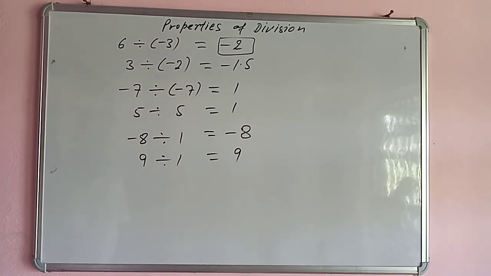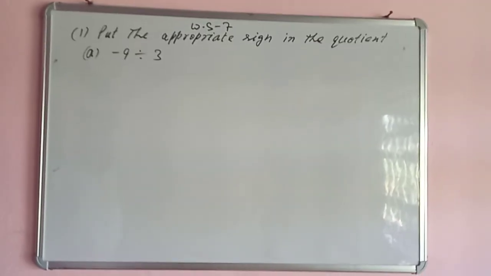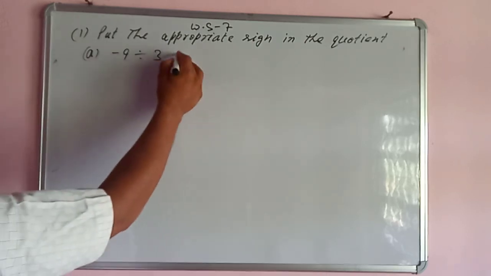Next we have worksheet number 7. In worksheet number 7, put the appropriate sign in the quotient. Part A is -9 divided by 3.